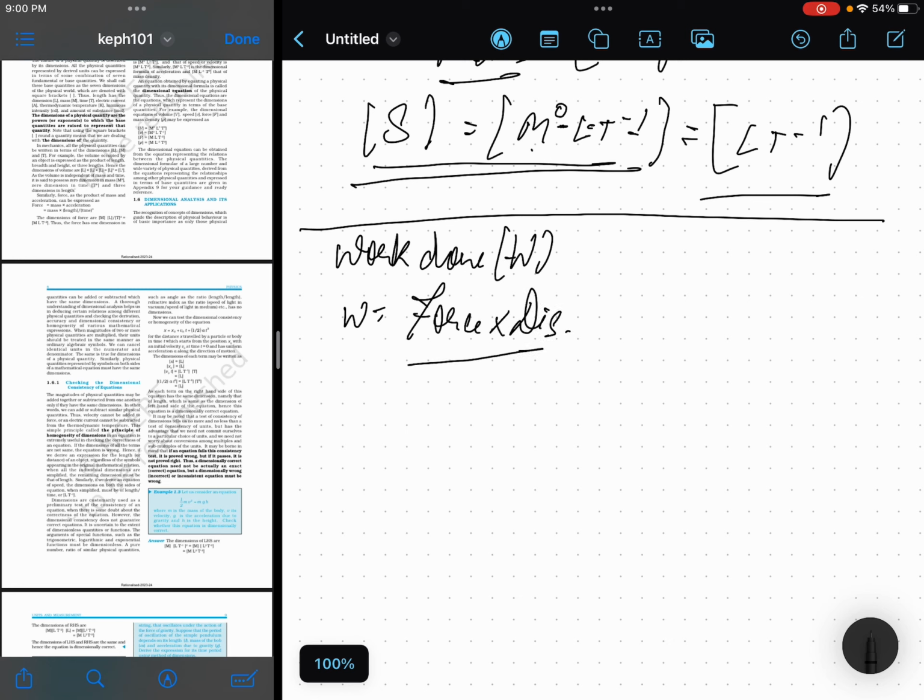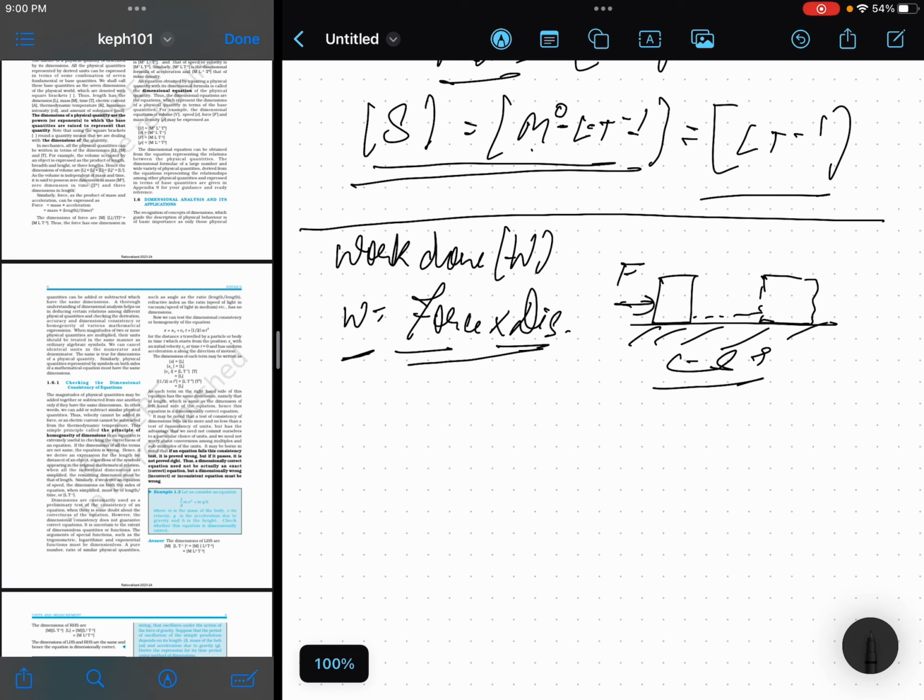Let's say there is a block which is pushed by some force F and it travels a distance S due to this force. Then the work done by this force is force multiplied by distance, which is represented as S.